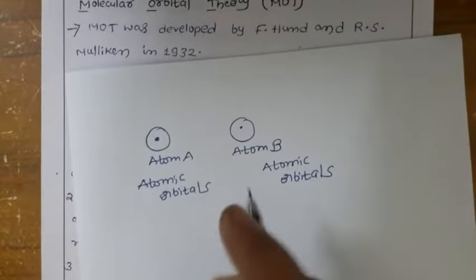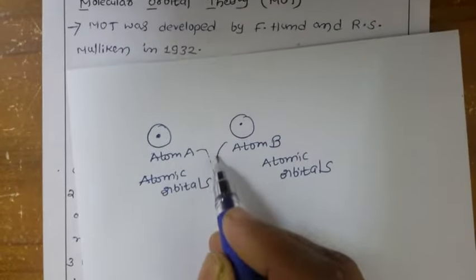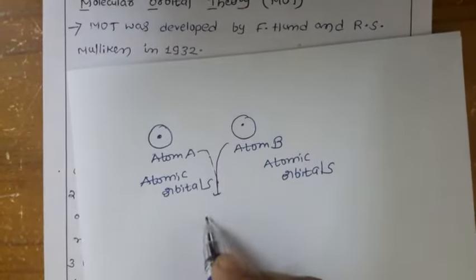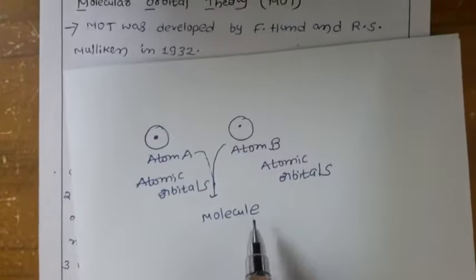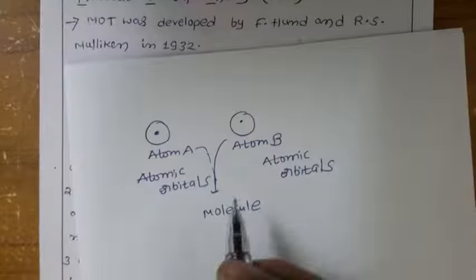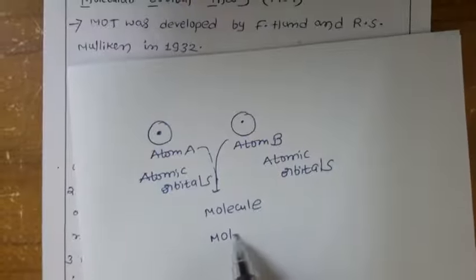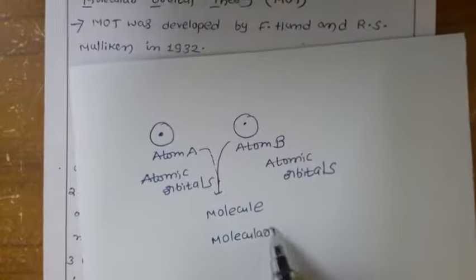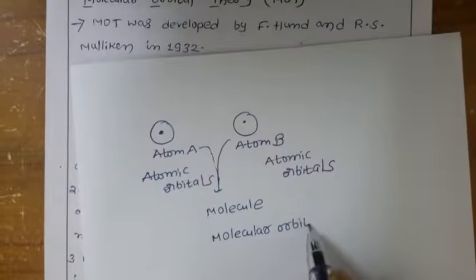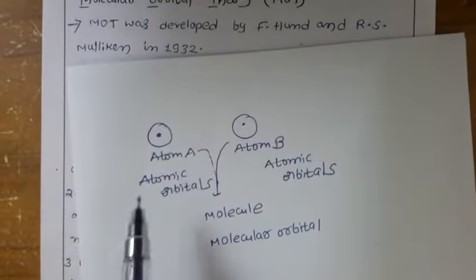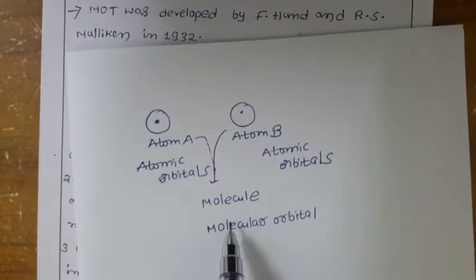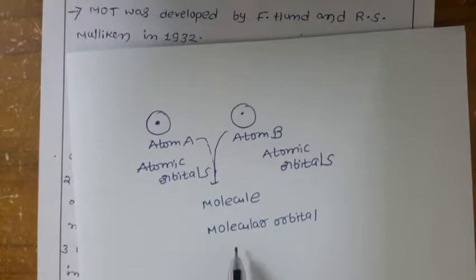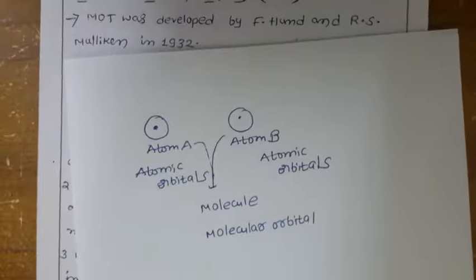As you know, atoms combine together to give the molecule. According to MOT, the electrons of a molecule are present in molecular orbitals, just as for atoms the electrons are present in atomic orbitals.